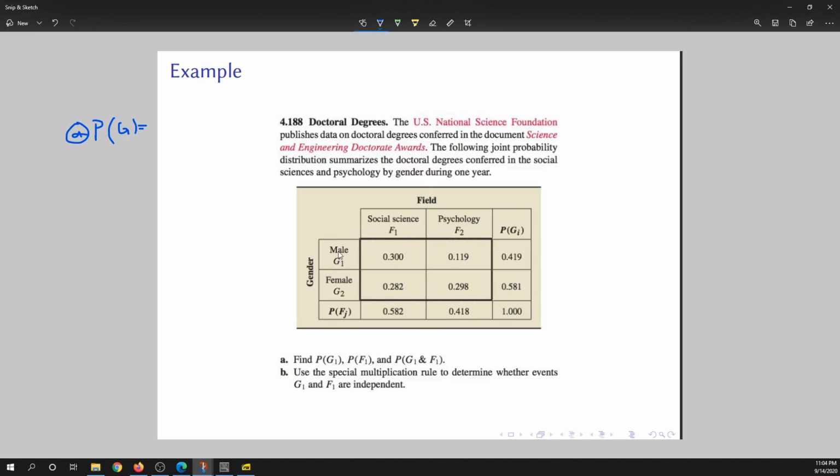That's the probability that the doctorate was awarded to a male. That's over here, 0.419. Still on part A, they want to know the probability of F1. F1 was the probability that a randomly selected awardee is awarded a doctoral degree in the social sciences. So again, that's a marginal probability, 0.582.